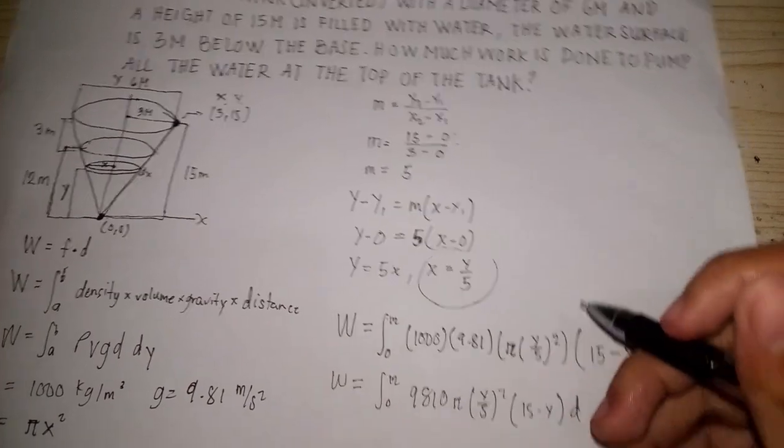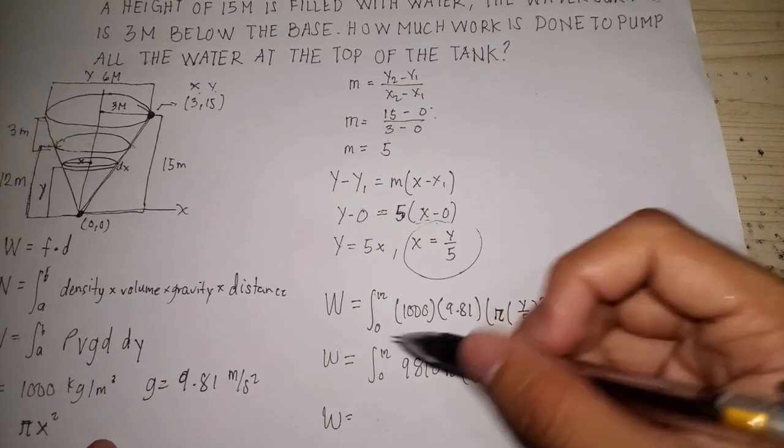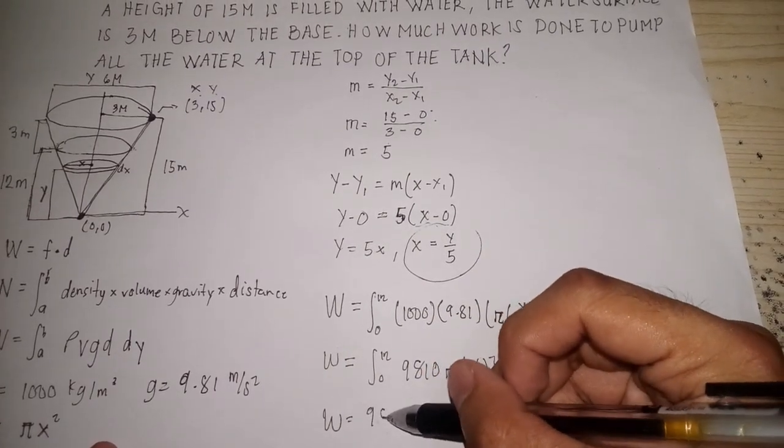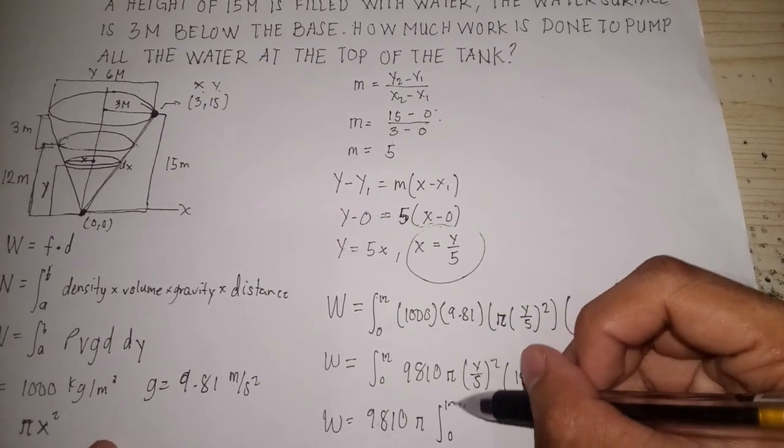Now we need to move 9,810 pi outside, then the limit from 0 to 12.